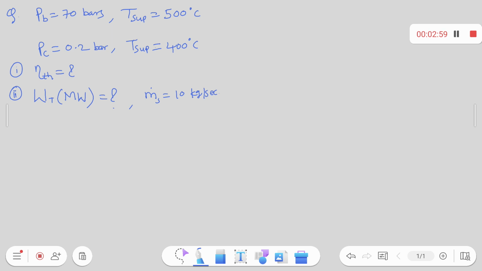Now first, flow diagram. Now what is this process? This is the steam power plant cycle, Rankine cycle, where reheating happens.